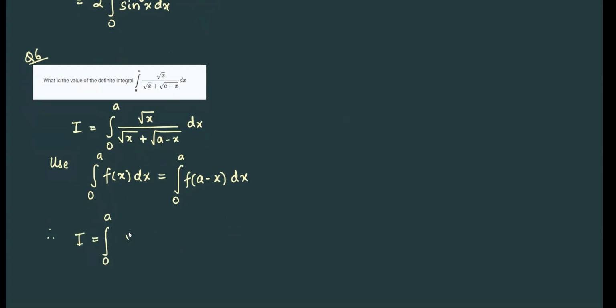Instead of x, we write a minus x upon, instead of x here, a minus x plus, instead of x in the second term of the denominator, we write a minus x. So under root of a minus of a minus x.